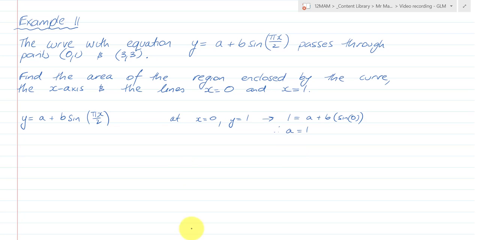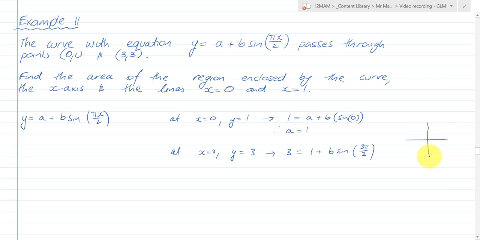We also know that at x equals 3, y equals 3, leading to 3 equals 1 plus b times sine of 3 pi on 2. Now 3 pi on 2 is a rotation and a half around a unit circle.